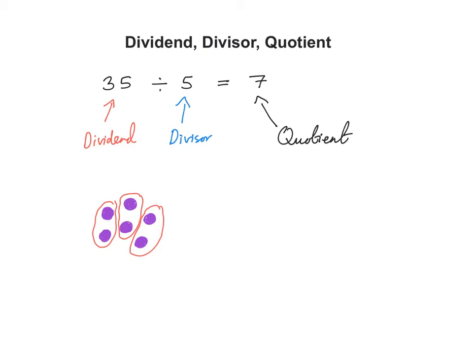Now, here, the pack of the 6 balls, 6 is your dividend, because that is the number we divided into. The number that we divided by, I asked you to divide it into 3 groups, so 3 is your divisor.